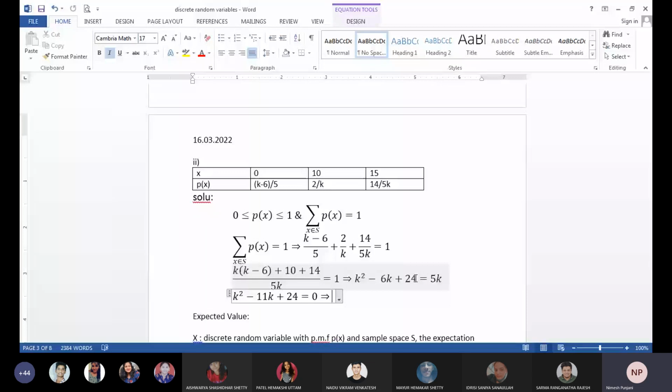Yes, factorization of k square minus 11k plus 24. Sorry? 3 and 8. So you are telling me the values of k, right? Yes. No, I'm telling before factorization how will it happen? K square minus 8k, 3k, तो minus ये 8k.